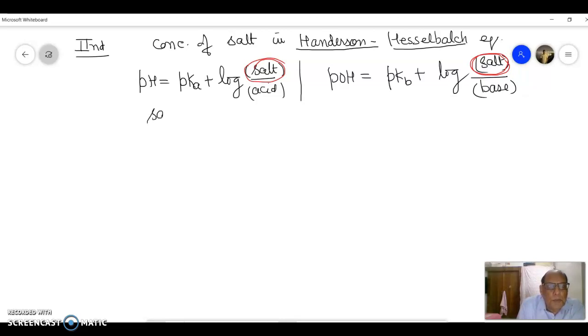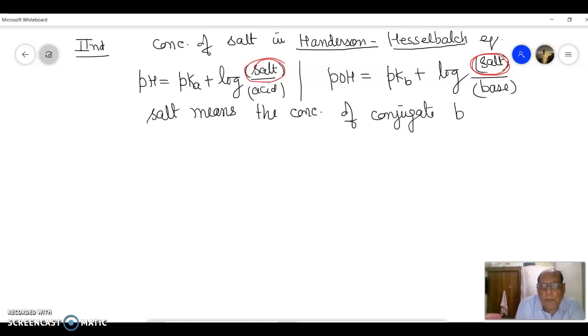Salt means the concentration of the conjugate base or acid.